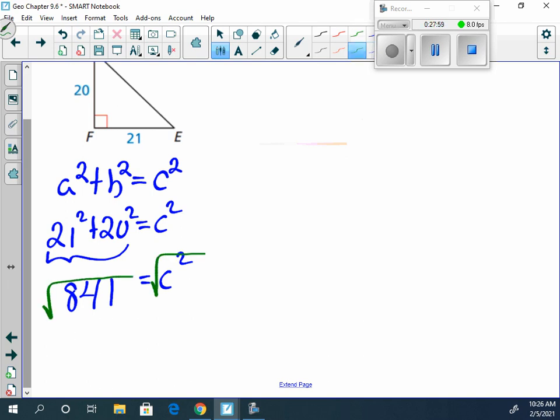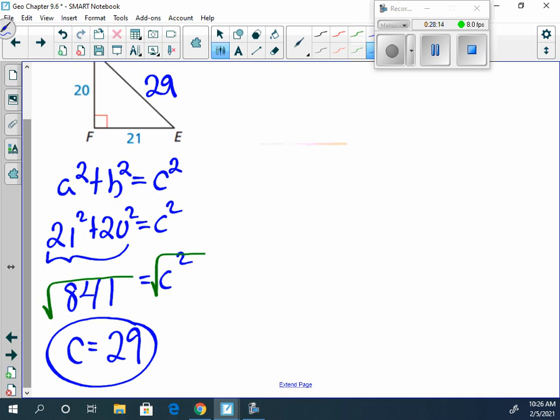And lastly, we've got to take the square root of both sides to get c by itself. Nice even 29. That's really nice. I like it when we get nice whole numbers.